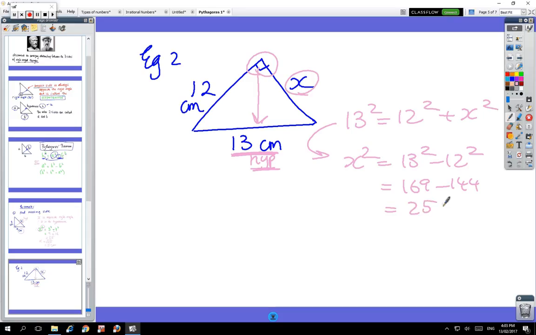And so X equals the square root of 25, which again is 5, and the units are centimeters. So don't forget units. Okay, so on the next slide, come across when you're ready.